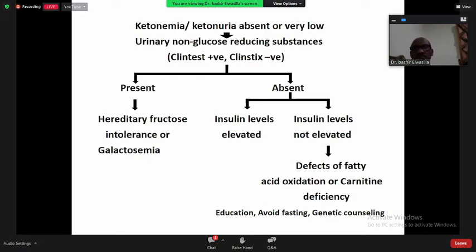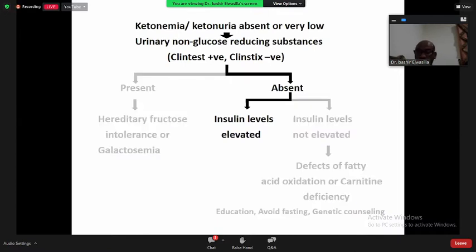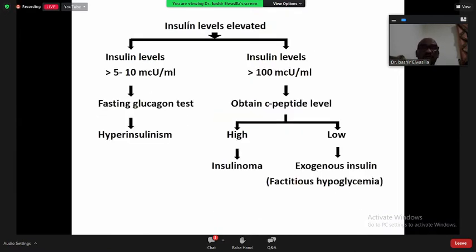If there are no reducing substances, here you have to take the insulin levels to see if they are elevated or not elevated. If the insulin levels are not elevated, think about defects of fatty acid oxidation or carnitine deficiency. But what if the insulin levels are elevated? Here you have to take the specific level of insulin.